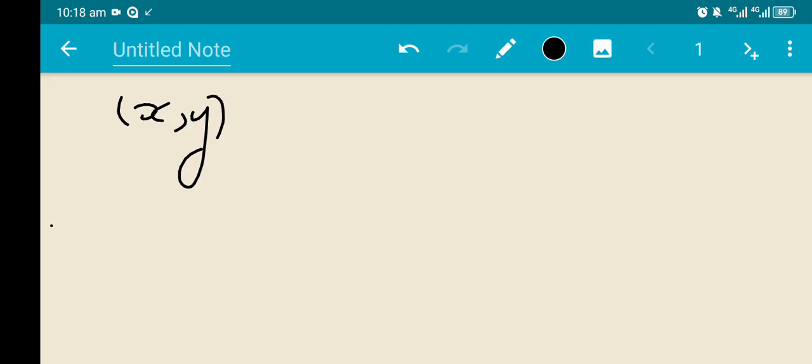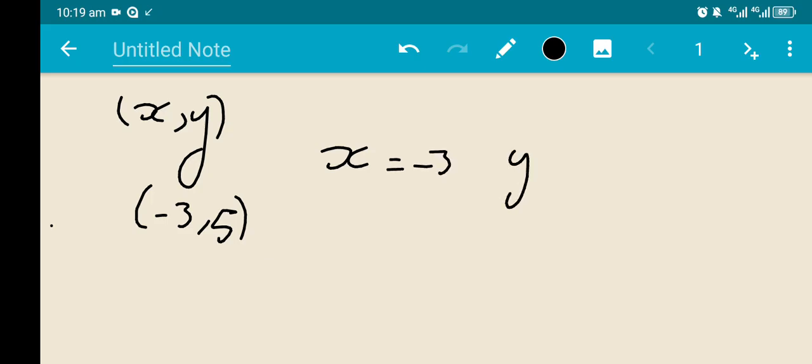Then what we just discussed is that if it is located at negative 3 comma 5, then this is where it was located. So I want to solve this without writing the equation. This is our x and this is our y. So we say x is equal to negative 3 and y is equal to what? Positive 5.